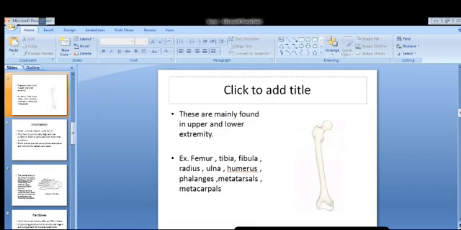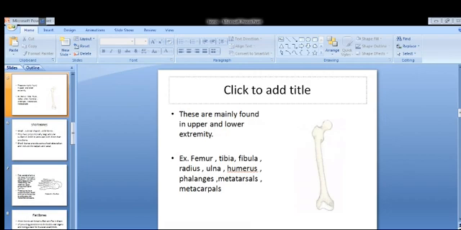Now, apart from this, the hand portion or the foot portion also has some of the bones. Though those bones are not as long as these bones which we have discussed, the structure is quite similar. So we have put them in the category of long bones.